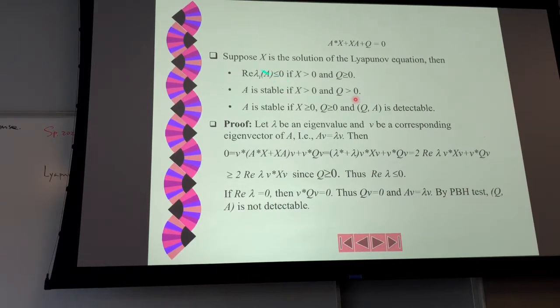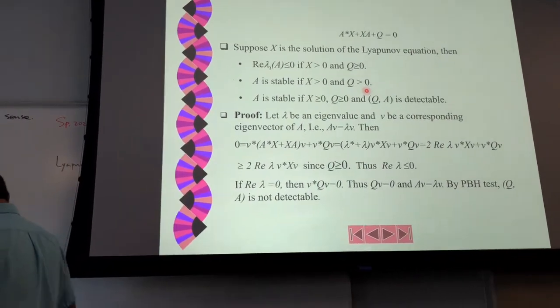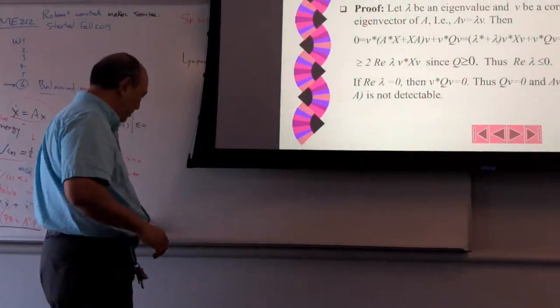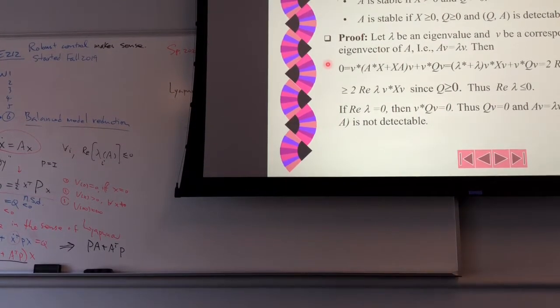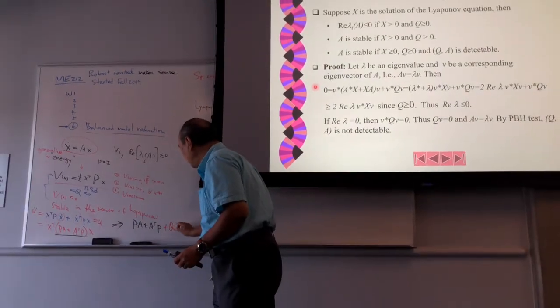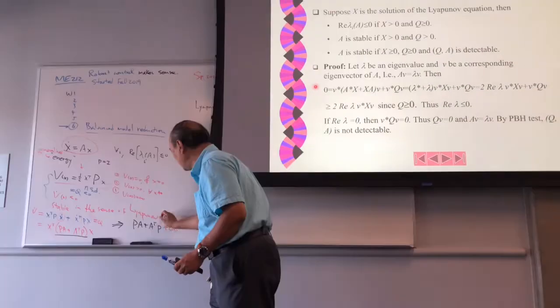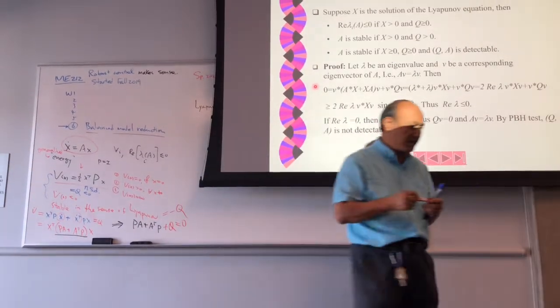The system is stable if X is positive definite and Q is also positive definite. Here I'm writing the Q on the right side, but they write A transpose X plus X A plus Q equals 0, which is actually equal to minus Q. So it's the same idea.